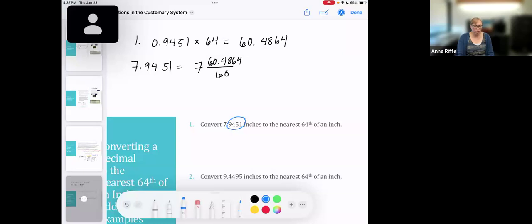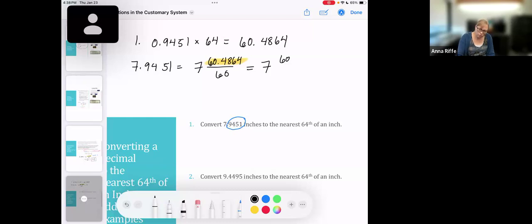I don't want to leave that numerator as a decimal. I want to round that to the nearest whole number. 60.4864 is closer to 60 than it is to 61. So I'm going to rewrite it like that.